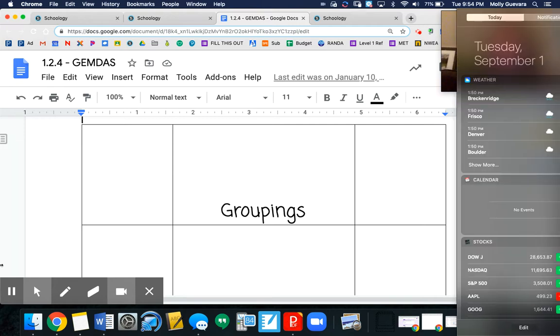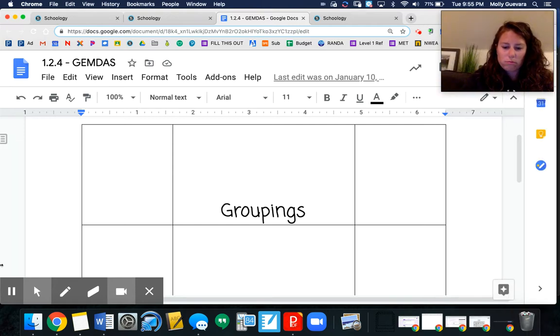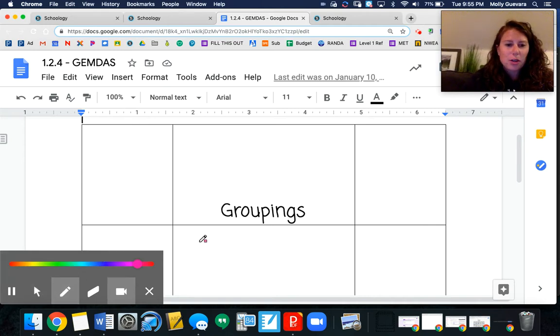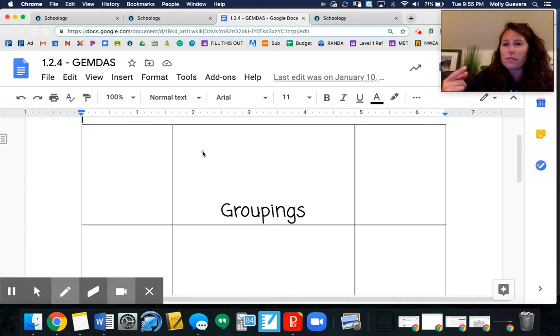And there's a lot of different types of groupings. So we're going to look at all of the different types of groupings. So you always do these first. So one type of grouping that we're all pretty comfortable with is parentheses, right? If I have parentheses that I can simplify, I have to do those first. But there's other options too, right?